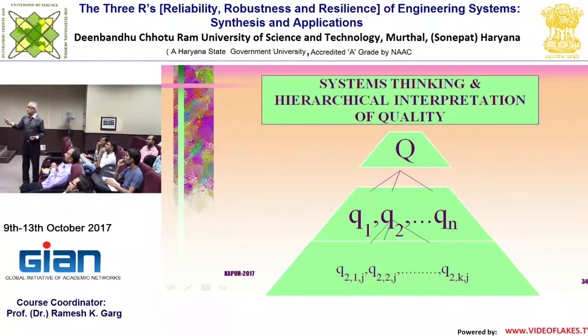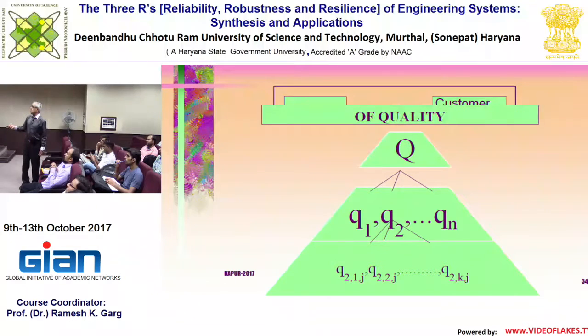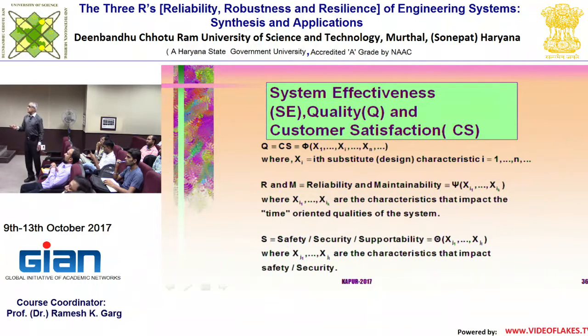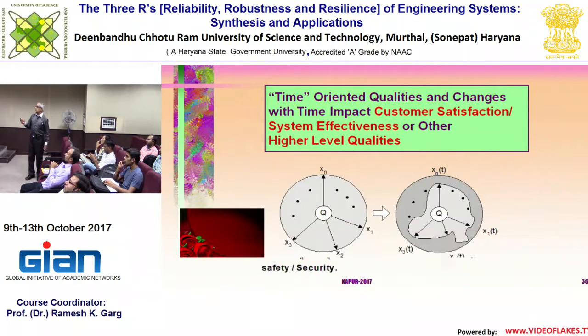And then you can go to subsystems and subsystems, and then every part has many qualities. So this slide, I think all of you can relate to, right? And this slide again is the totality of all the qualities, and then some of these qualities affect reliability, some safety, some maintainability, some resilience, and so on.